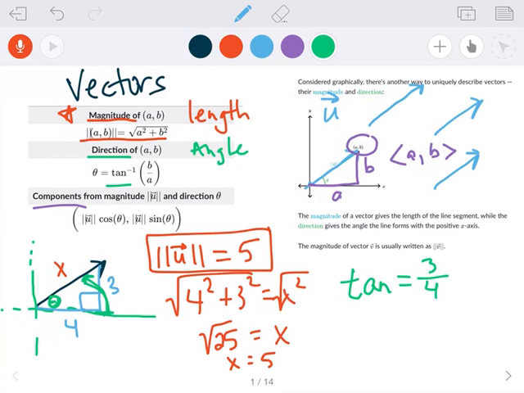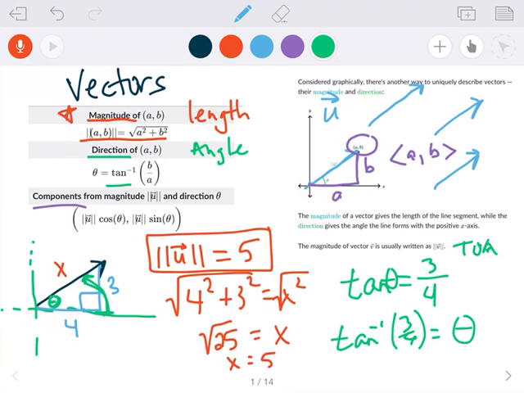Sorry, that is not correct. Tangent is equal to opposite side over the adjacent side. Right number, wrong word. So tangent, opposite, adjacent. And then if we're finding the tangent of a specific angle, we need to use inverse. So we're going to say the inverse tangent of 3/4 is equal to the angle.